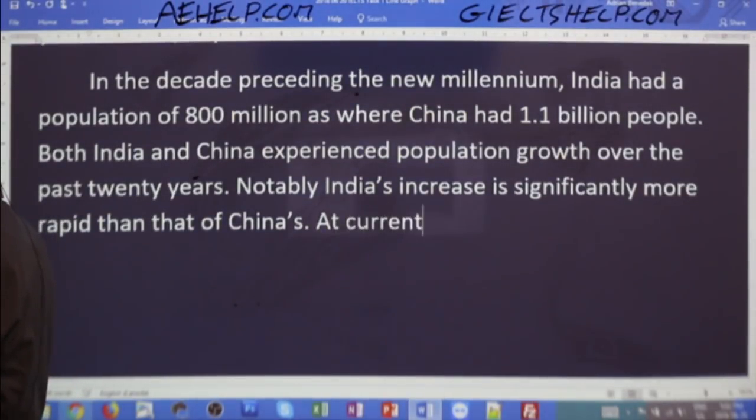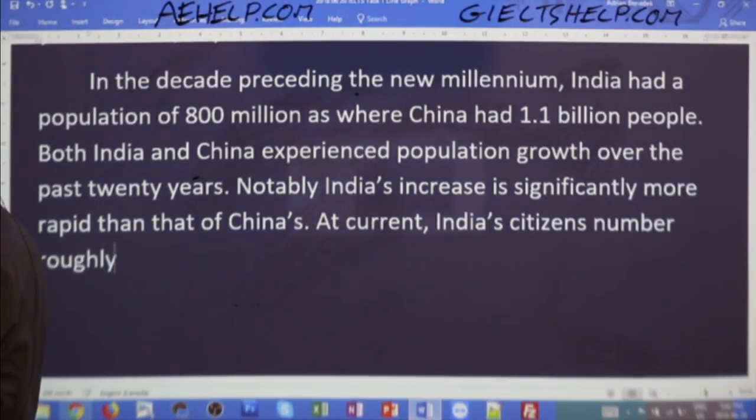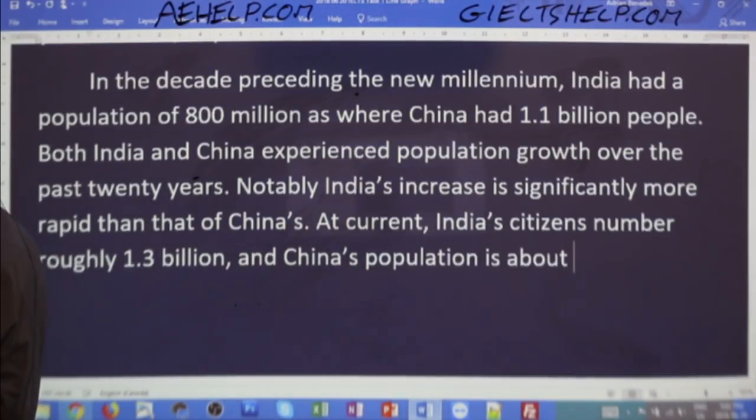At current, India's citizens number roughly 1.3 billion, and China's population is about 100 million more.